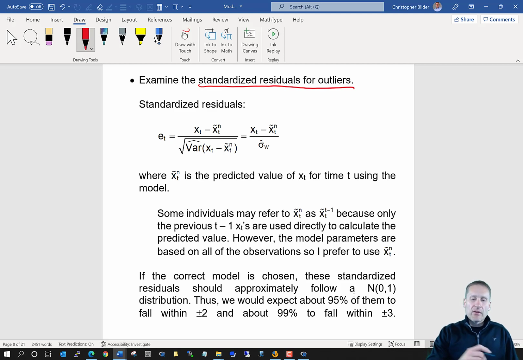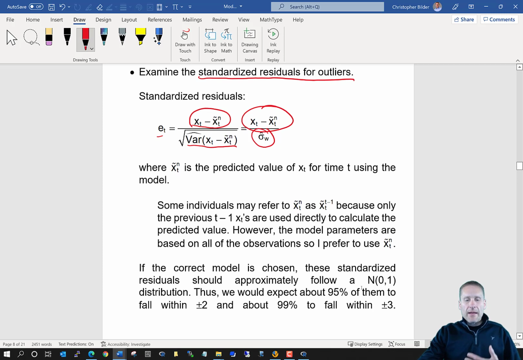So the standardized residuals here, let's call them E sub t, is simply X sub t minus its corresponding predicted value that we've seen previously, divided by the square root of the estimated variance of that difference, in other words, the forecast error. This estimated variance for the forecast error just ends up being sigma hat squared w. So when we take the square root of it, we have just sigma hat sub w, and then we have the forecast error above.